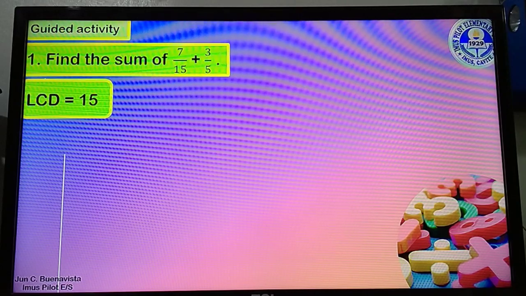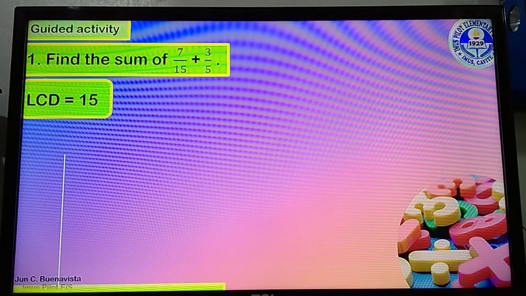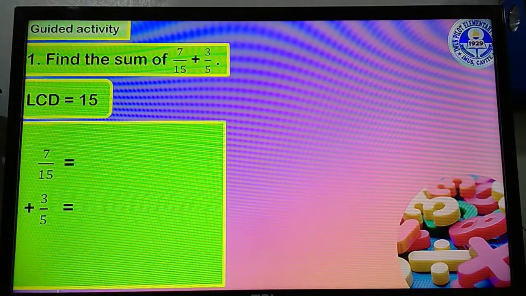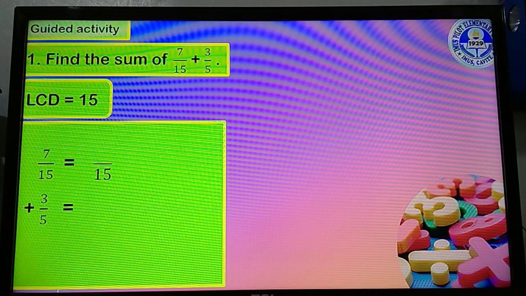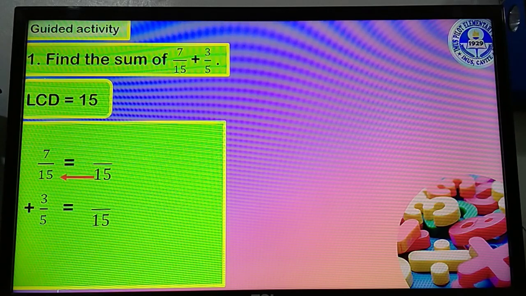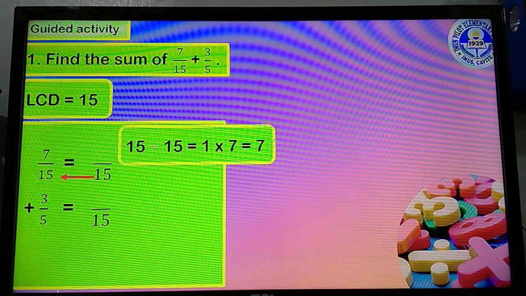So, minadali ko na lang yan. Now, we're going to write our given in a horizontal way. So, write the LCD which is 15. Now, 15 divided by 15 equals 1, times the numerator 7 equals 7.